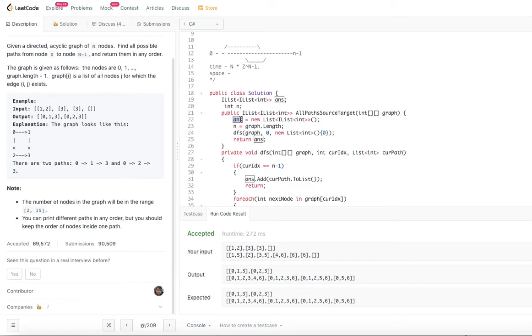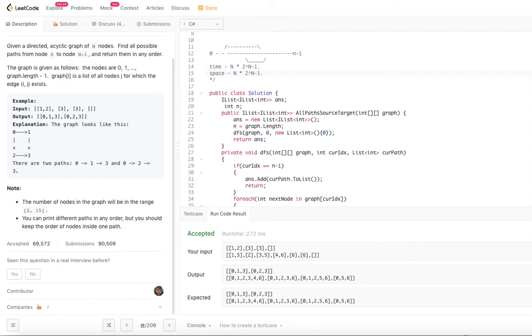As we said, there will be 2 power n minus 1 edges, and there are n nodes. So there are n into 2 power n minus 1 paths possible, because there are n nodes and 2 power n minus 1 different ways of connections. In that case, the time complexity and space complexity are basically the same. So space complexity is also n into 2 power n minus 1.